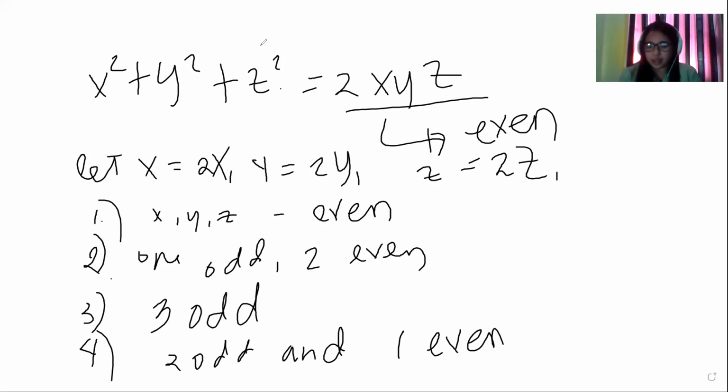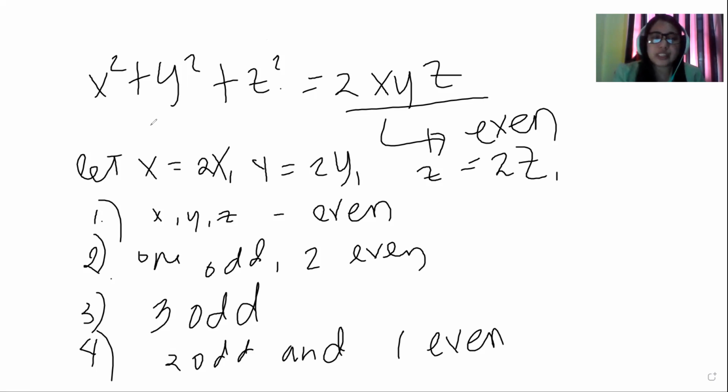Because in our given, it is stated that there do not exist positive integers, and of course even and odd integers are positive integers. So we are going to see what if the three variables x, y, z are even numbers, what if one is odd and two are even, what if all are odd integers, and what if we have two odd integers and one even.